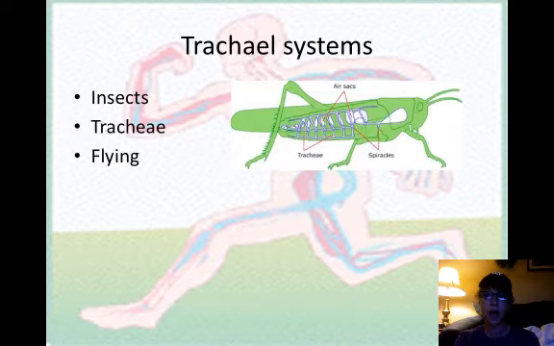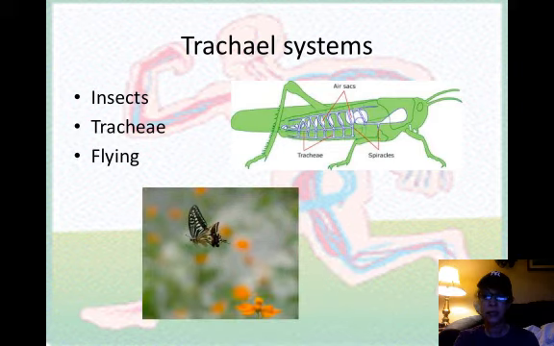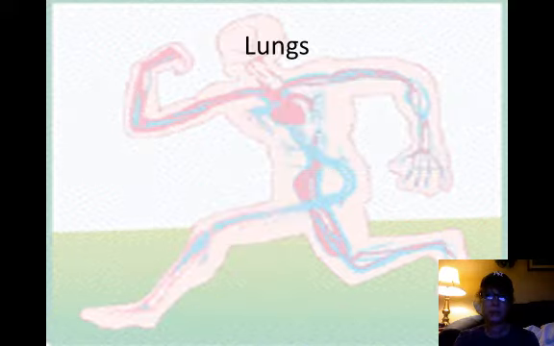Moist epithelium lines the terminal ends of the tubes where gas exchange occurs. Flying insects use 10 to 200 times more oxygen than non-flying. The body expands and contracts to compress and expand the air tubes with the flight muscles.